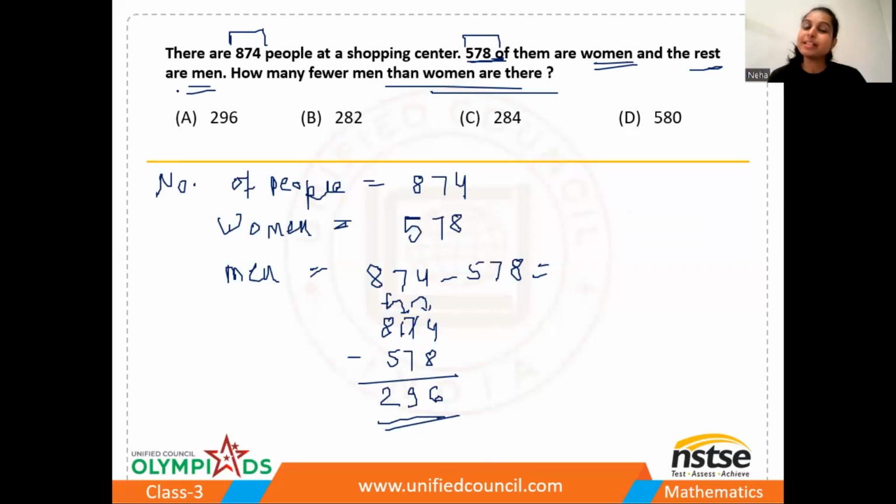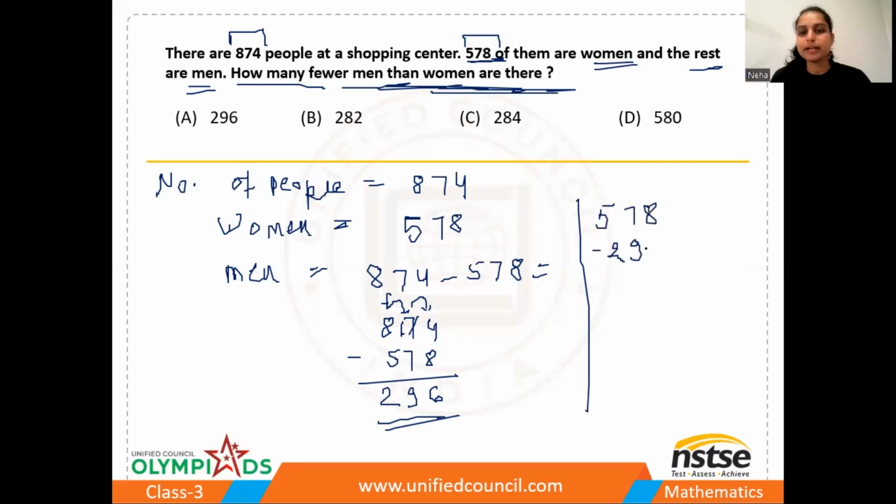Here you can make a mistake, so just focus on that. Just focus on the question that they are asking, that how many fewer men than women are there. That means they are asking about the difference between the number of men and the number of women, right? That means now what you have to do is 578 minus 296. Just subtract the number of men from the number of women.